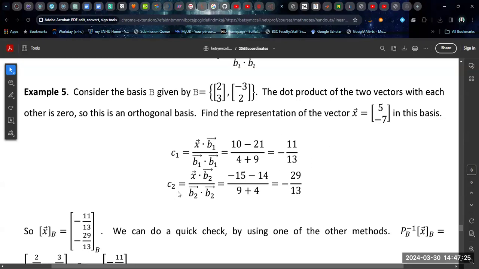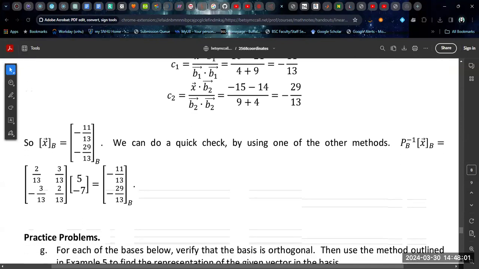So in C2, the second coordinate, I'm going to do the same formula, but dot it with B2. 5 times negative 3 is negative 15, and negative 7 times 2 is negative 14, so I end up with negative 29. My denominator, 3 squared plus 2 squared, also gives me 13. So the coordinates of this vector in this basis are negative 11 over 13 and negative 29 over 13.